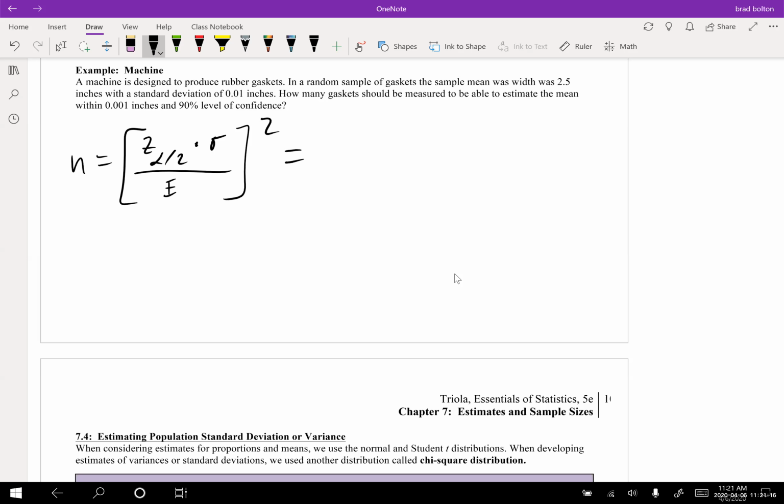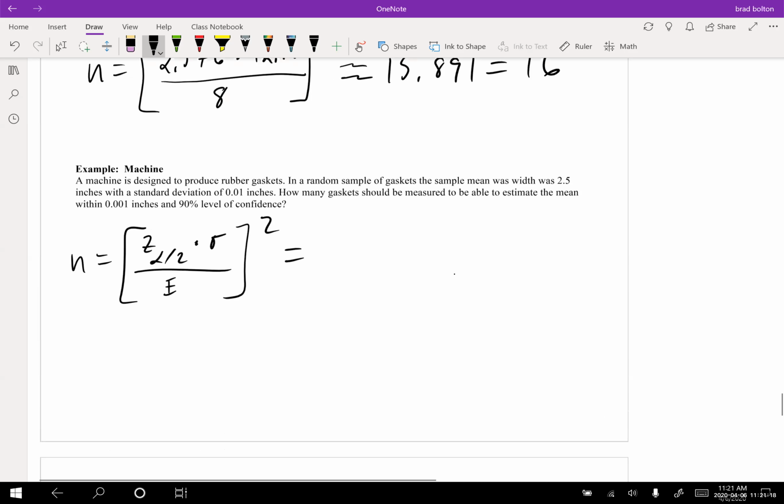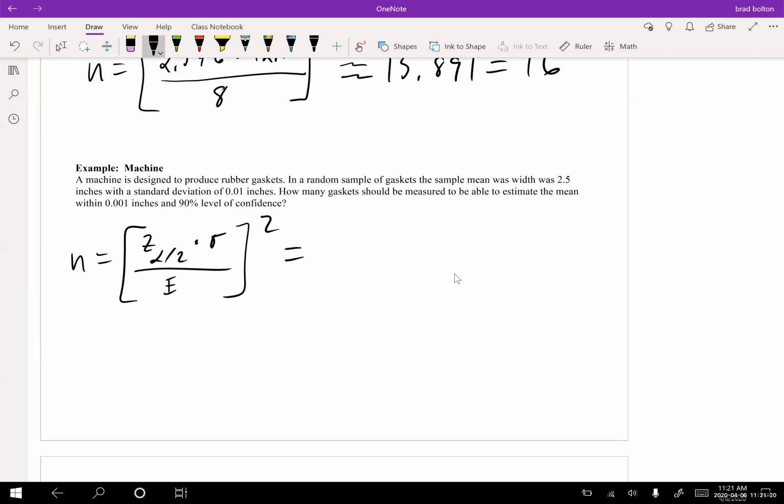Now, once again, we are using a 90% confidence level, so hopefully you guys have memorized by now, that's 1.645 for z-scores times 0.01. Now, where am I getting the 0.01 from? Well, it said right here we have 0.01 inches standard deviation, and then we're going to divide that by an error within.